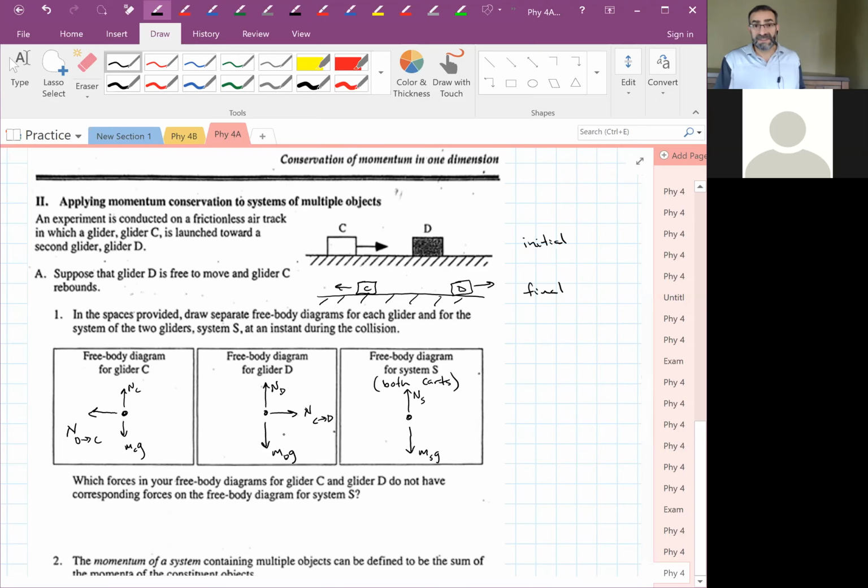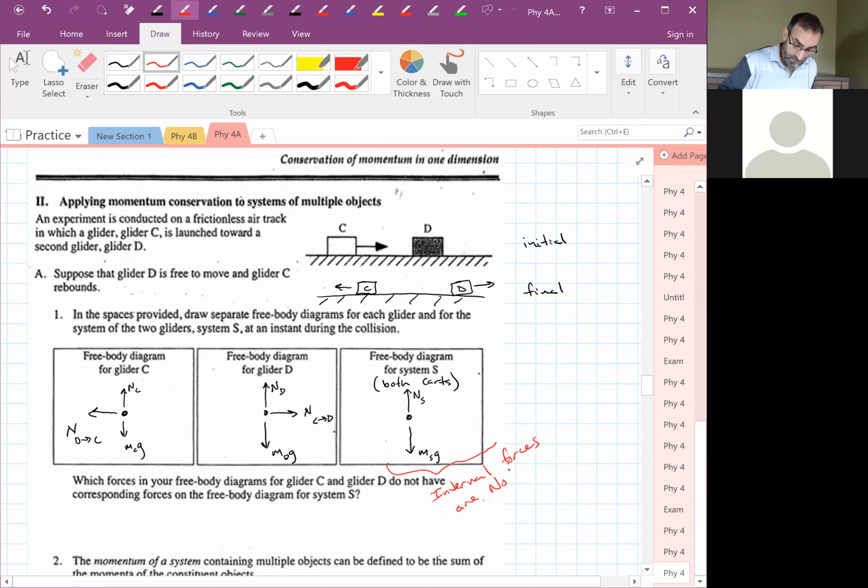If we're drawing a free body diagram for the system, do we include those forces? Internal forces are not shown. We just care about external forces when we draw these free body diagrams.